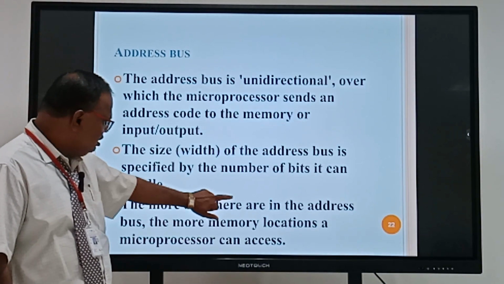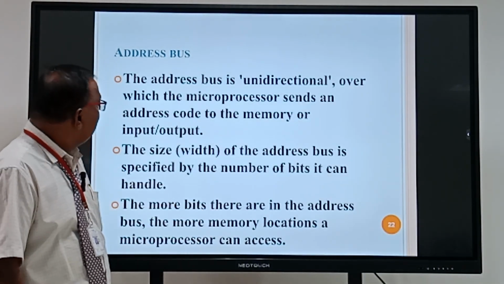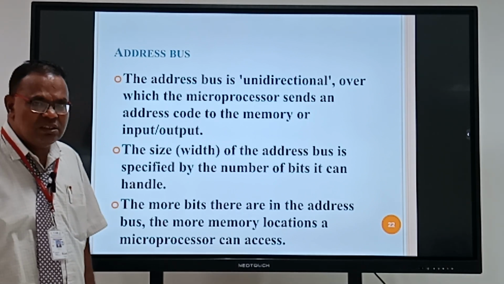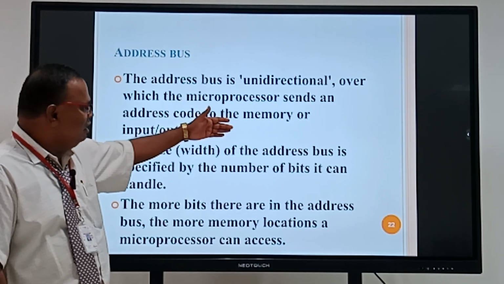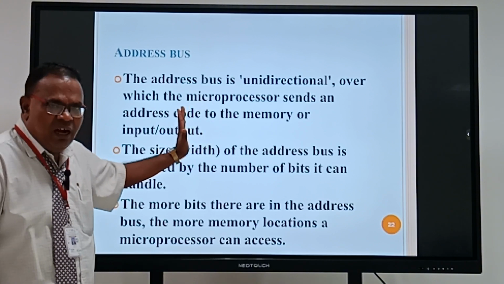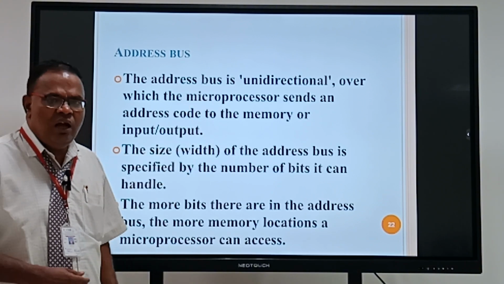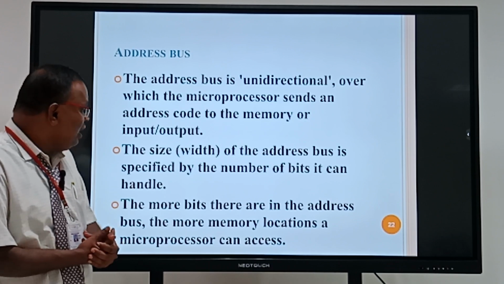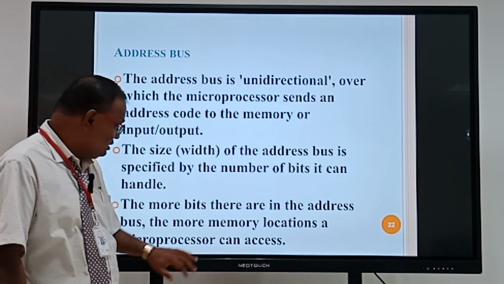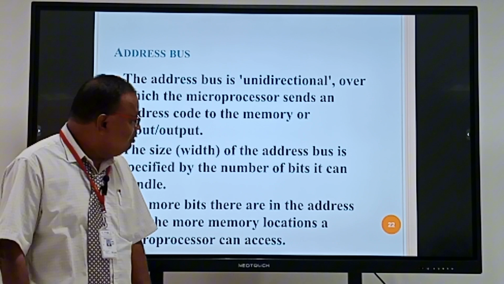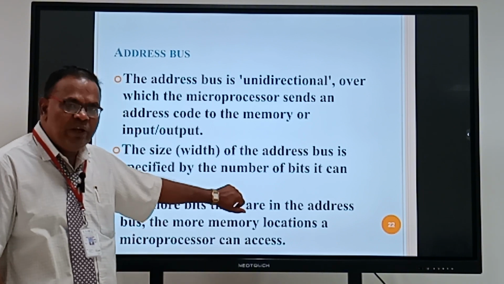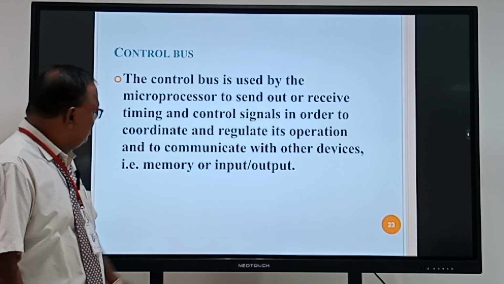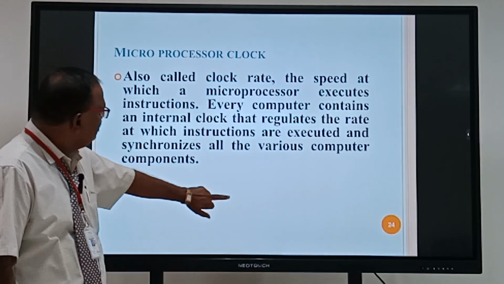The address bus gives the data. The address bus is used for unidirectional communication. These are address lines, communicating between the microprocessor system and memory systems, RAM and ROM devices. It is unidirectional, while the data bus is bidirectional. I think from this you have to understand the introduction to the microprocessor.